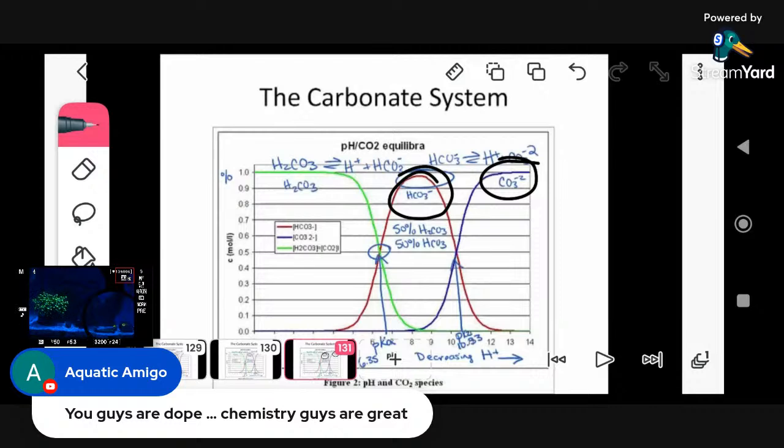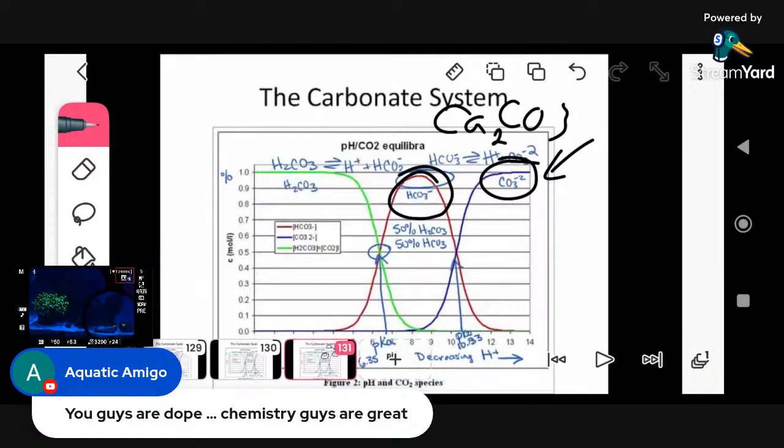Anyways, you make carbonate. So the blue is carbonate. So what is carbonate? The easiest way I could tell you about carbonate is, let's say there's calcium carbonate, CO3. For some reason, I think calcium carbonate has a 2 right there.